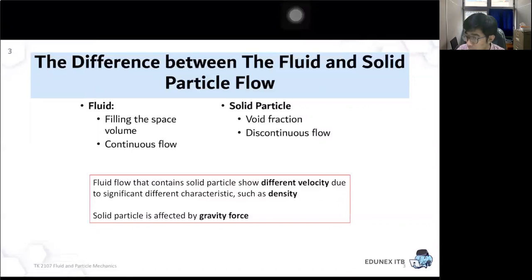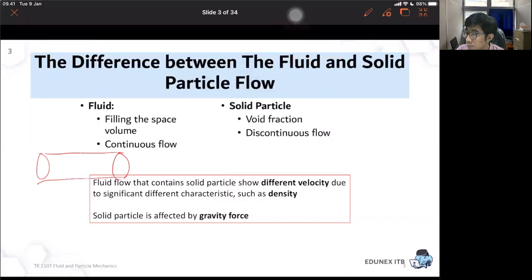It means when you have pipes, and you have fluid flow only without any particles inside the pipe, the fluid will be filling out the whole space in the pipe, right? Especially when the fluid is the gas.